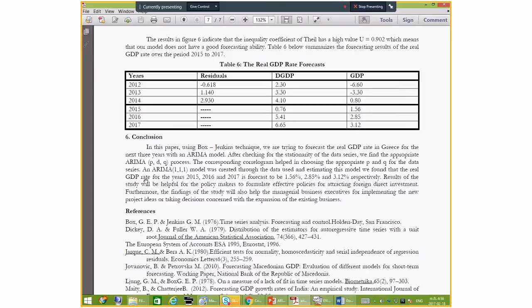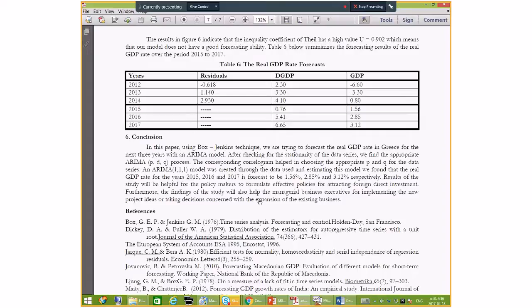Then the GDP rate for years 2015, 16, 17 is forecast to be 1.56%, 2.85% and 3.12% respectively. These results will help policymakers to formulate effective policies for attracting investment, private domestic investment or foreign investment.